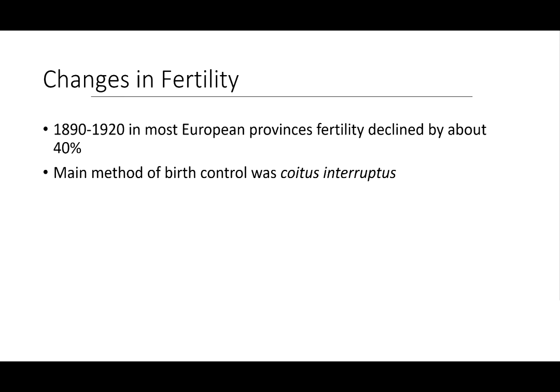And at the time, the main method of birth control was coitus interruptus, which is colloquially known as pulling out or pull and pray. So clearly, there were decisions about manipulating sexual behavior to reduce the number of children that people were having, long before this was actually a pretty simple thing to do.